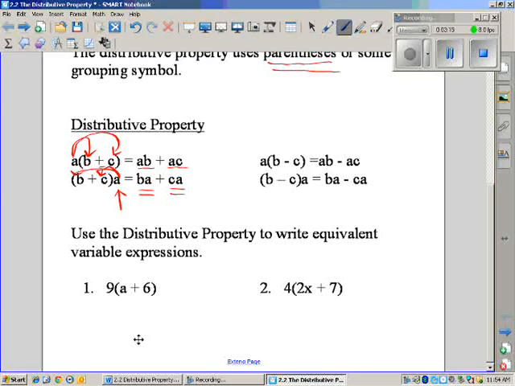Let's look at if we have a negative term on the inside of our parentheses. These signs are very important. A is positive, so when I distribute him to a positive B, his sign's not showing up, but we know he's positive, he becomes positive AB because a positive times a positive is a positive. However, C is a negative.